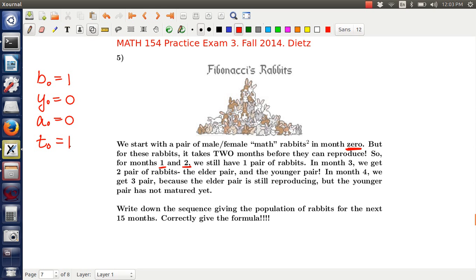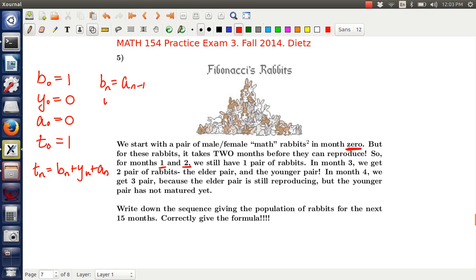Now we have to figure out what our recursion relation looks like. Obviously the total in any month is the babies plus the youth plus the adults. But how do we transition? The babies in any given month is the adults of the previous month.